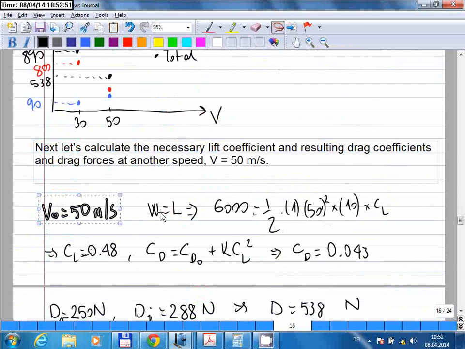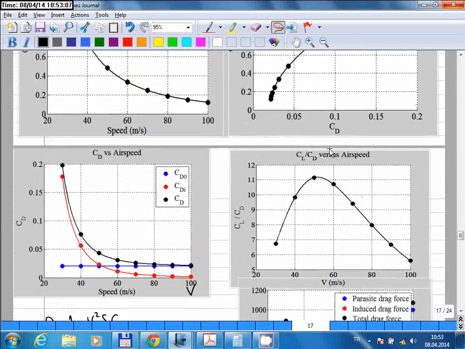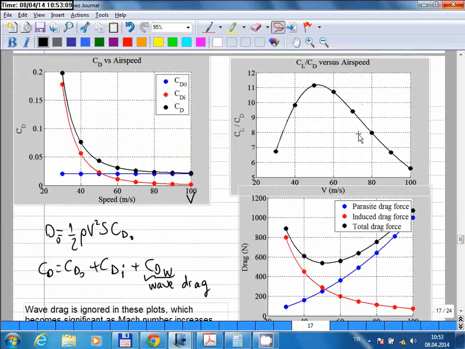Then for the new speed, you calculate again the induced drag component and the parasite drag component, and you can do this for a lot of speed values, right? You do that within a certain speed range, and you can generate some plots, and you see those plots here.